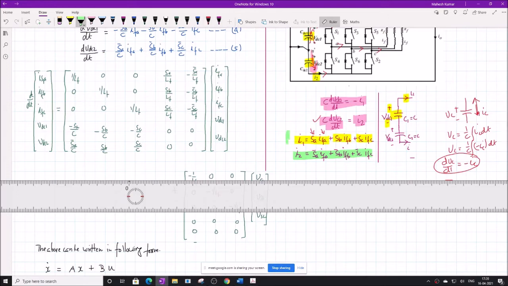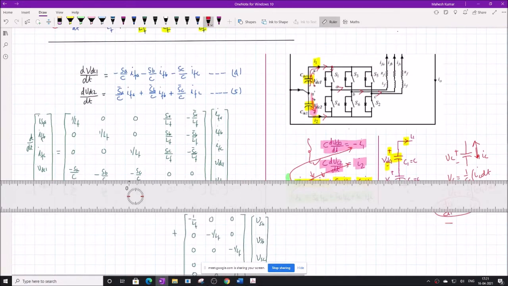These currents, which are expressed in terms of the switching functions of the inverter and the currents into it, are used to find out the first order differential equation of the capacitance here. So substitute this back here, substitute this back here, we will get the first order differential equation, C dVDC1 by dt, C dVDC2 by dt.